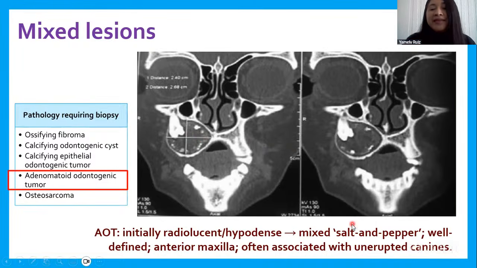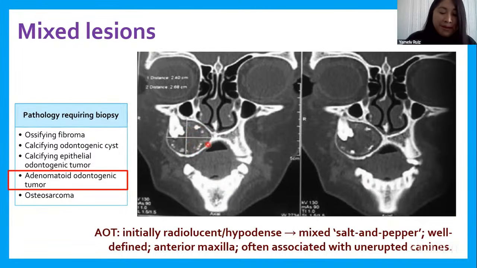The pattern associated with adenomatoid odontogenic tumor is the salt and pepper. That means there is a combination of hypodense or radiolucent areas, if you are seeing a radiography, with points that have hyperdensity.